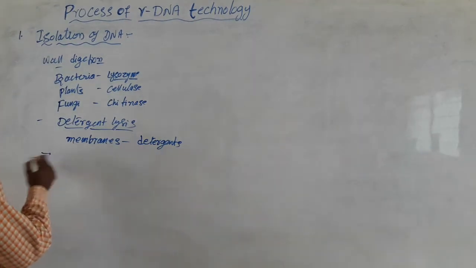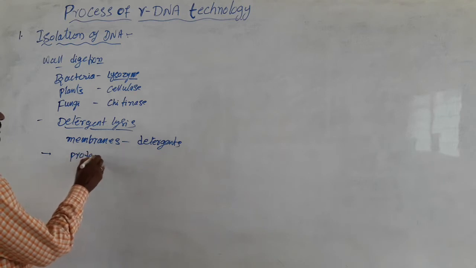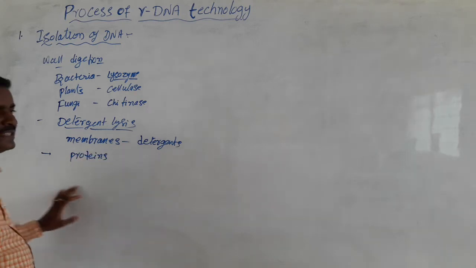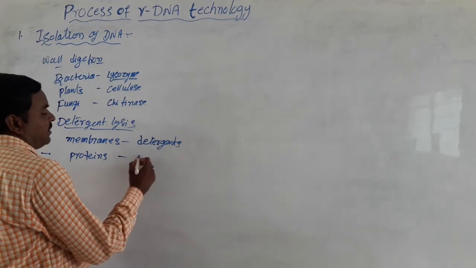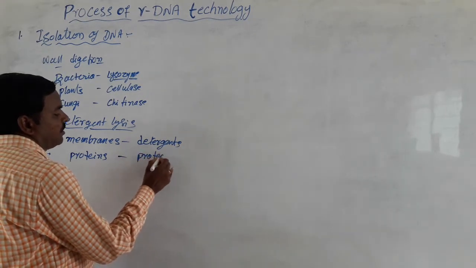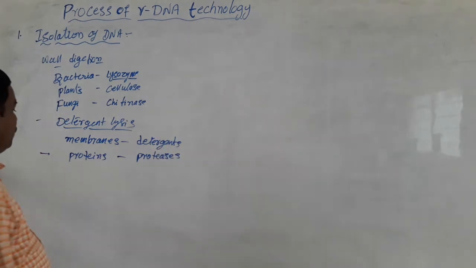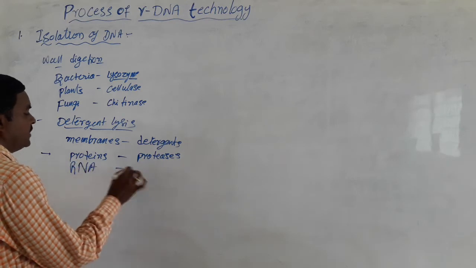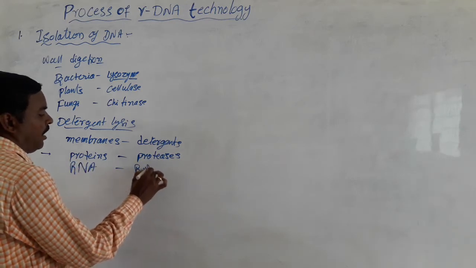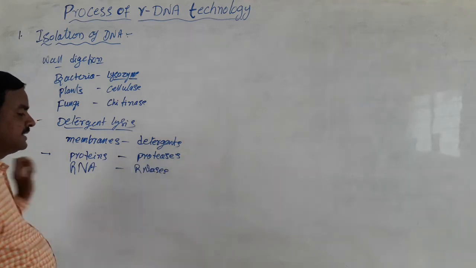Then the remaining material is represented by proteins, nucleases, etc. Proteins are digested by using enzymes, proteases. RNA is digested by RNases.